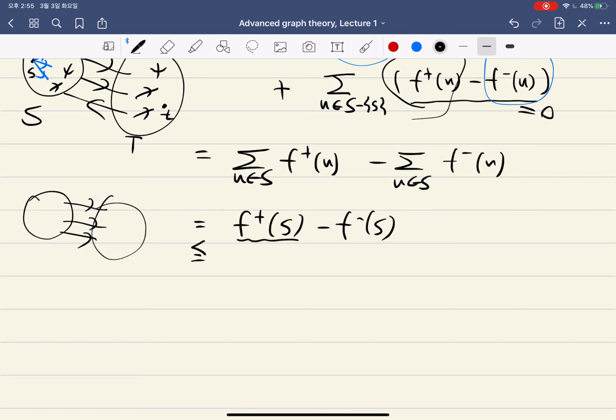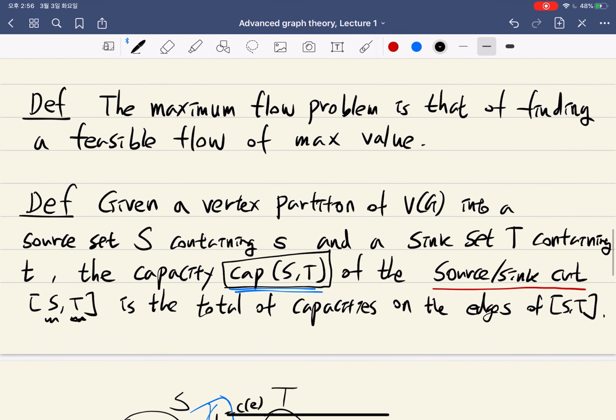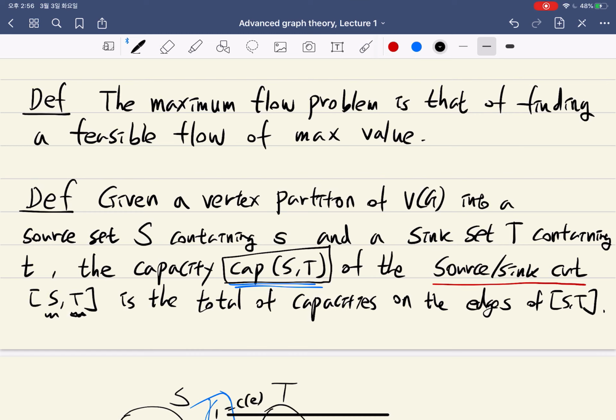So this is the same as the summation over all (u, v) where u is in S and v is not in S, so v is in the complement of S, which is T, and (u, v) is an edge of G. Because T is the complement of S, since the source-sink cut is defined as the cut formed by S and its complement.